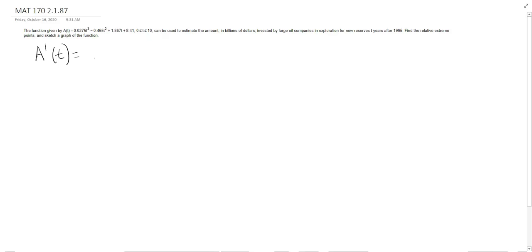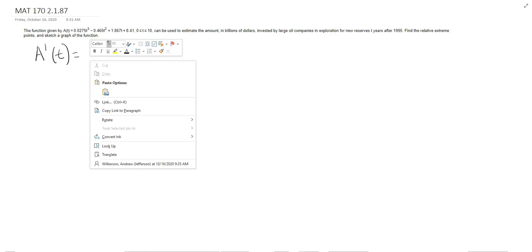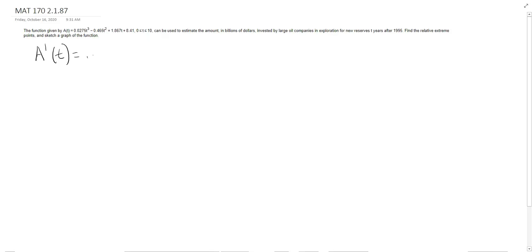The very first thing is we take the t cubed, multiply the 3 out front times 0.0275. If we do that, we get 0.0825, and then the exponent decreases from a 3 to a 2.